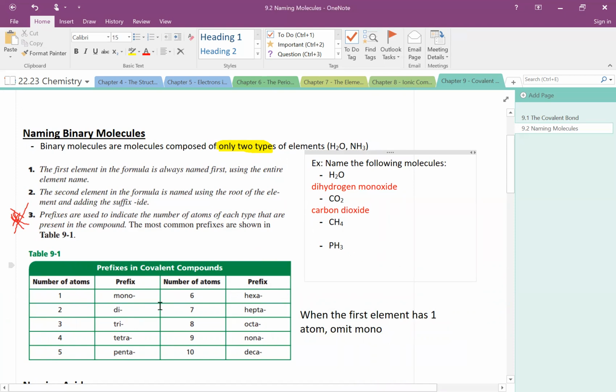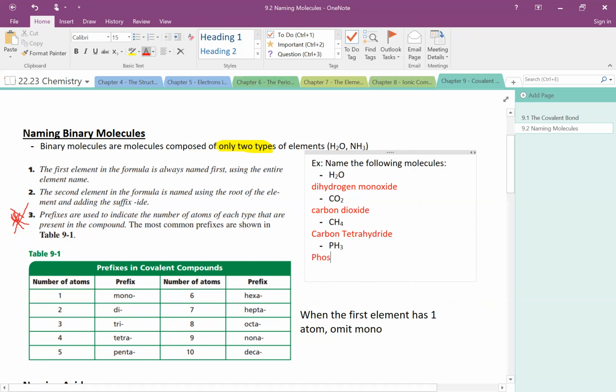Looking at CH4, I see my first element. There's only 1 of them, so that name is not going to change. It stays carbon. Then I have 4 hydrogens. The prefix for 4 is tetra, so carbon tetrahydride. Cool. And then last example, I have PH3. P is phosphorus.